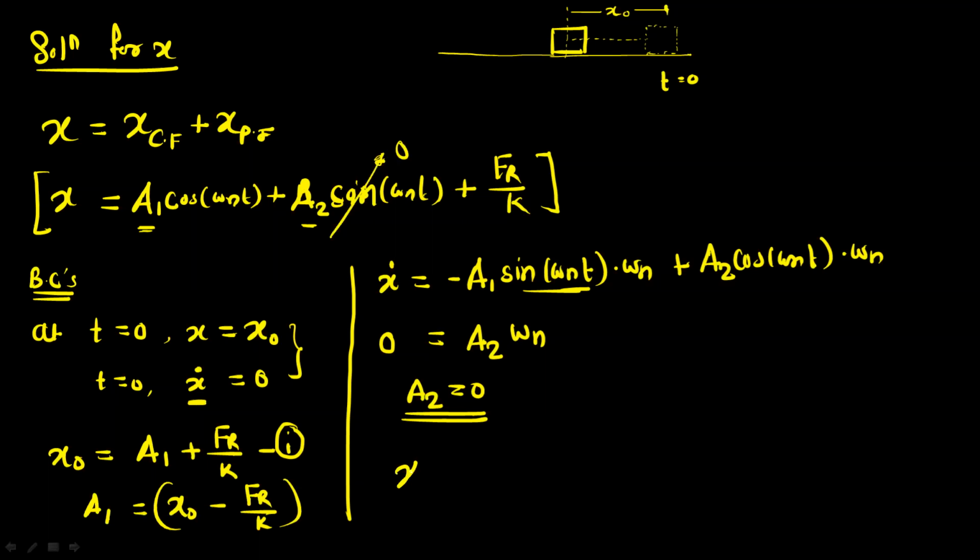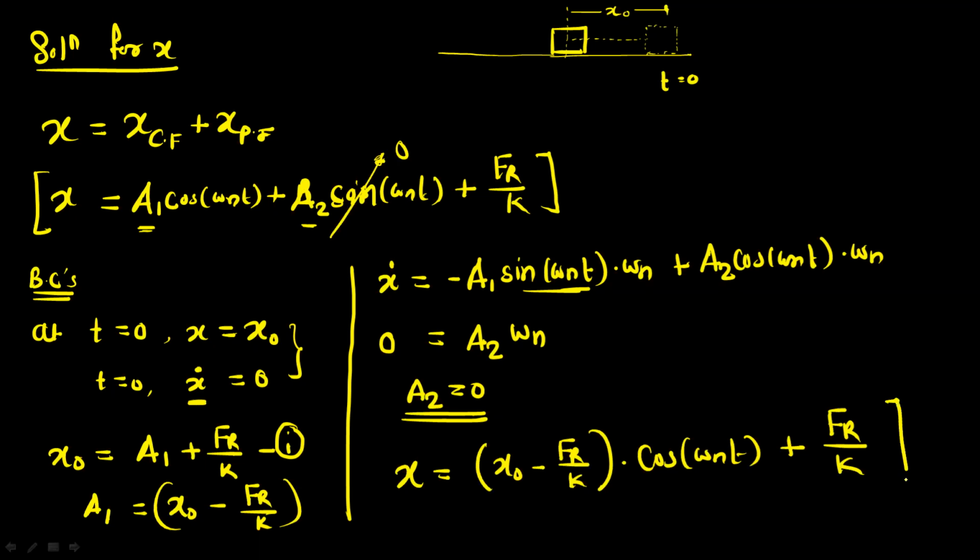So x is equal to x0 minus fr upon k into cos omega nt plus fr upon k. Okay, so this is the complete solution for the displacement when mass is moving from right to left.